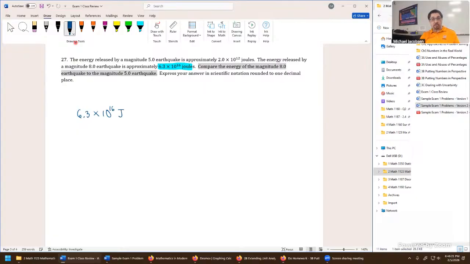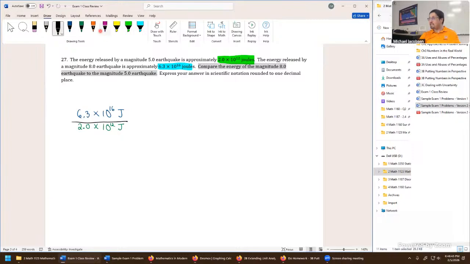The abbreviation of that unit would be just an uppercase J. Divided by the smaller magnitude earthquake. Magnitude 5 isn't exactly small, that's scary on its own. But in terms of magnitude 8, it is very, very small. This one releases 2.0 times 10 to the power 12 joules of energy.